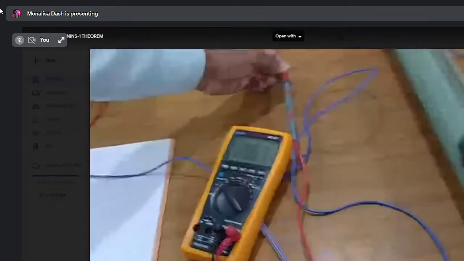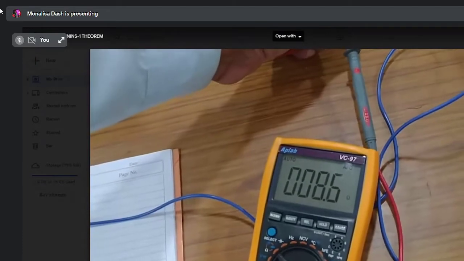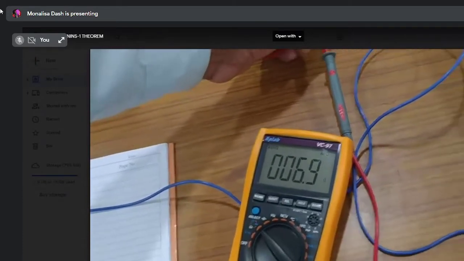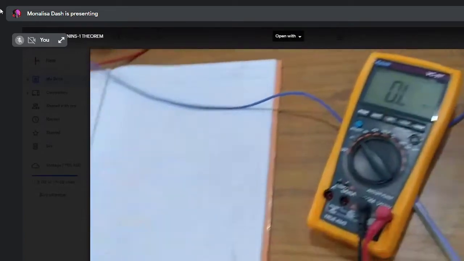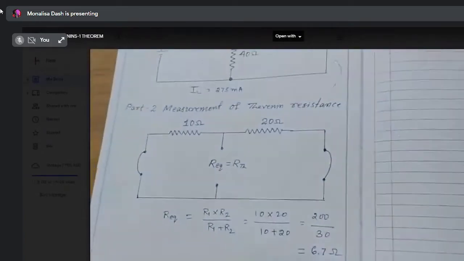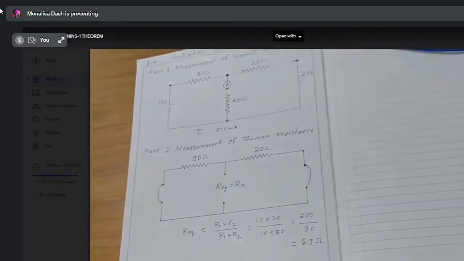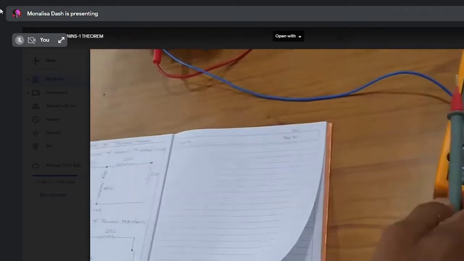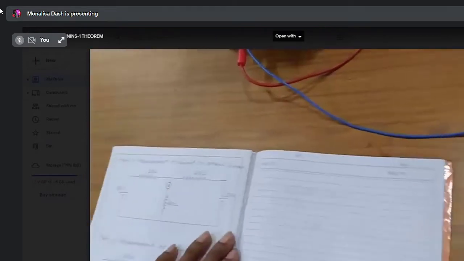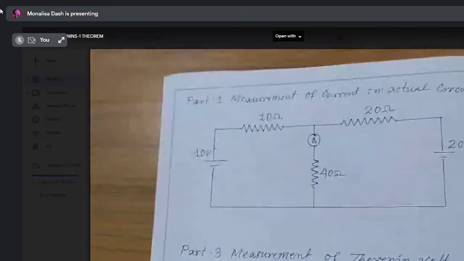Now it is coming 6.7. And it is near to the theoretical resistance, 6.7 ohm. So the Thevenin resistance is 6.7 ohm.